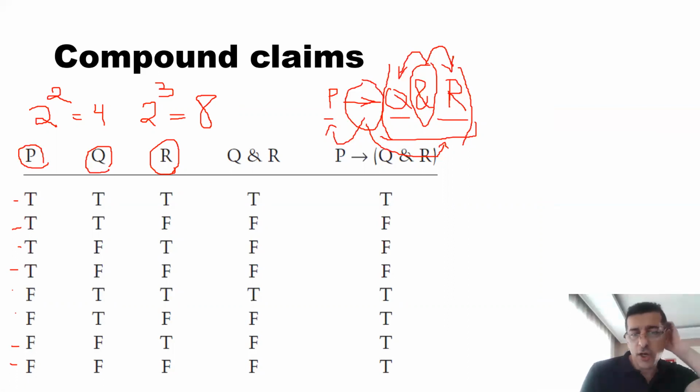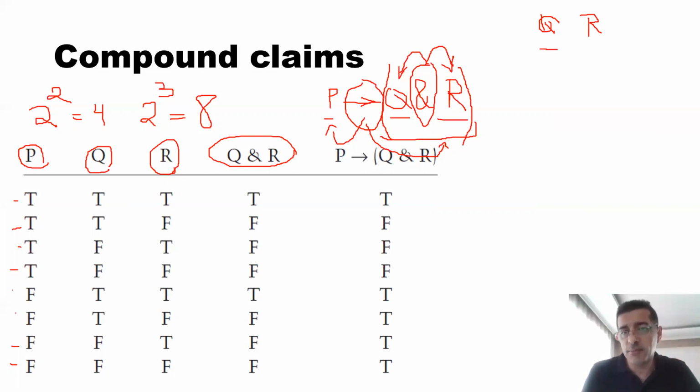Now, because Q and R are the propositions for our operator and, let's first focus on Q and R. Remember, for conjunction, the operator we had, for example P and Q, but let's say Q and R here. We said that for this, both of them should be true for the operator and to be true, right?